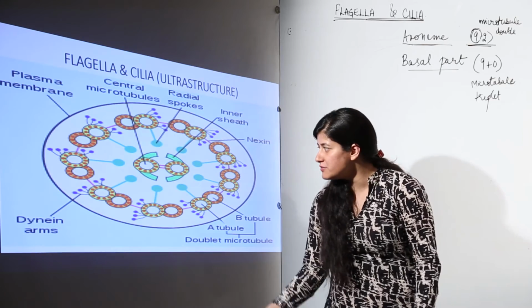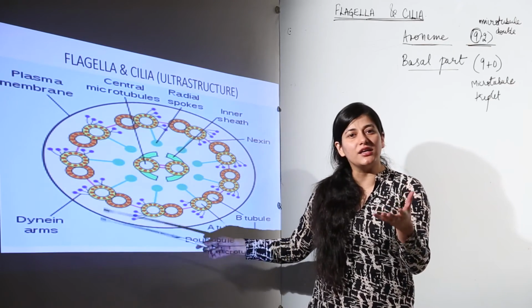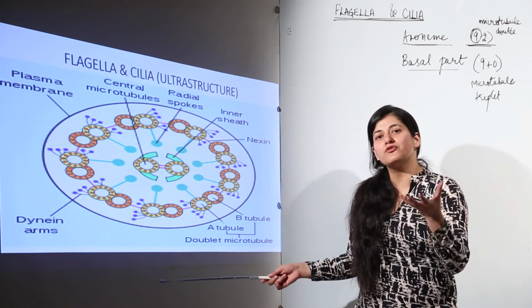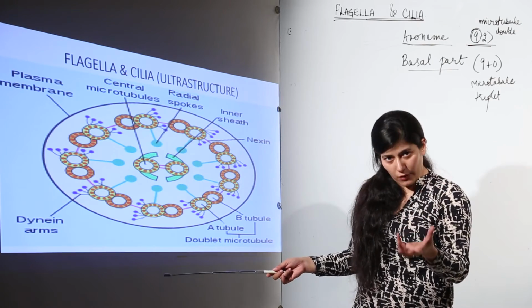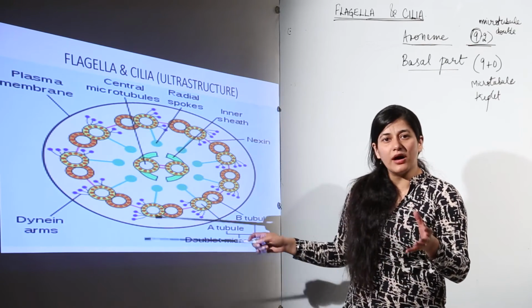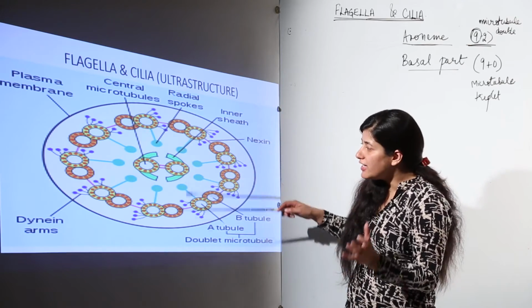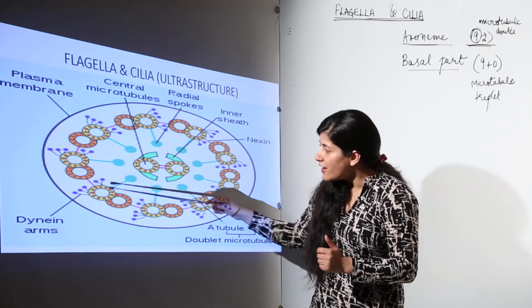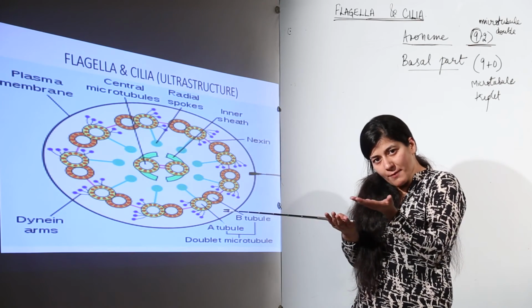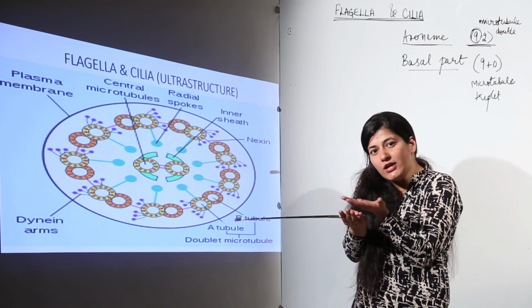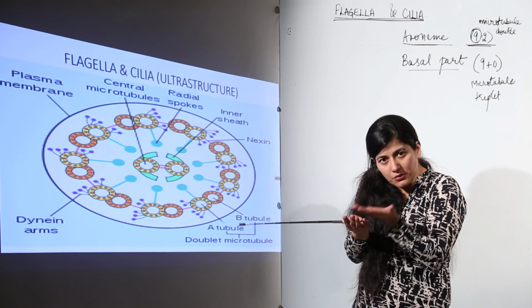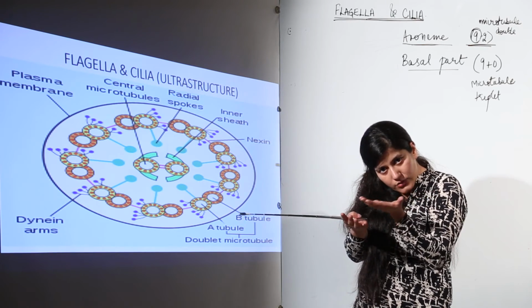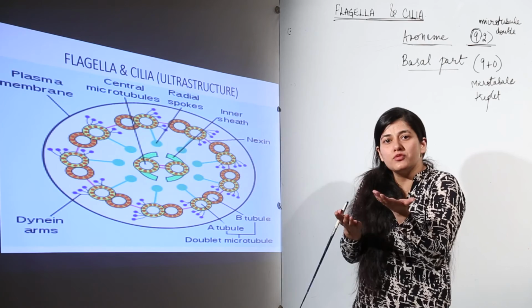You see dynein arms. Dynein arms contain nothing else but dynein protein. Dynein is used for breaking down ATP. This dynein brings about ATP hydrolysis. So ATP comes into the scenario and breaks down in the presence of dynein, and both the microtubules, A and B, slide over each other. When the ATP breaks down, it brings about the movement of each microtubule over the other.